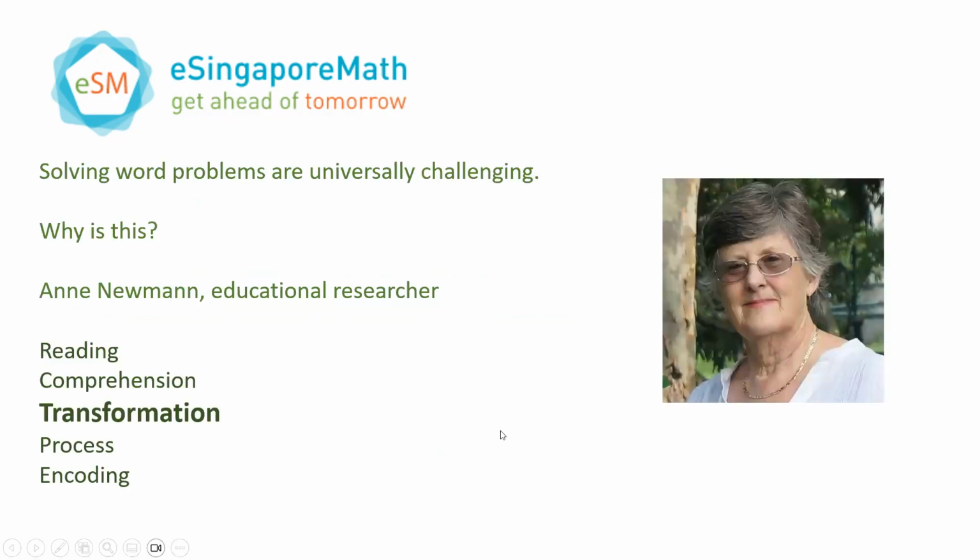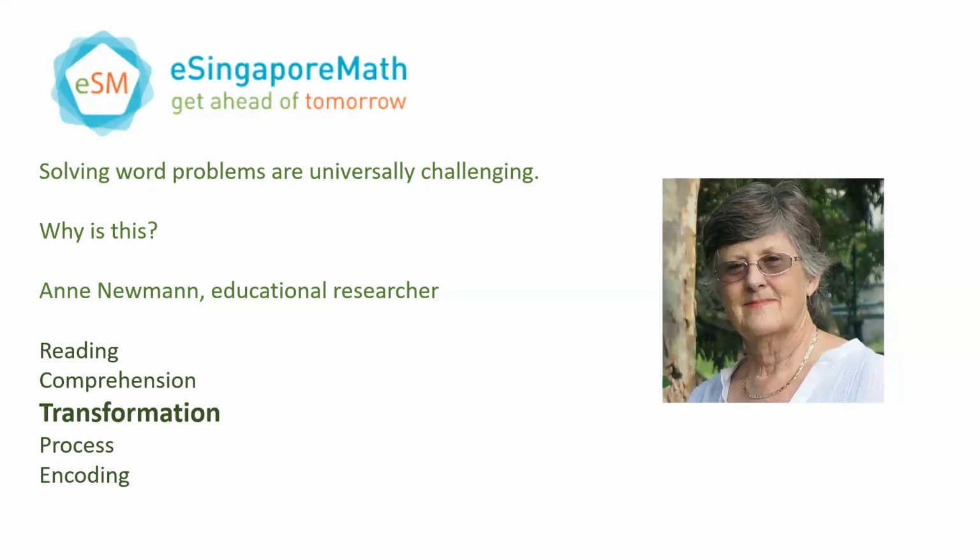So why are word problems so difficult? I know that we want to go immediately to figuring that it's because of the reading, because we have reading with the word problem. Yes, that's true, but it's not quite that simple.